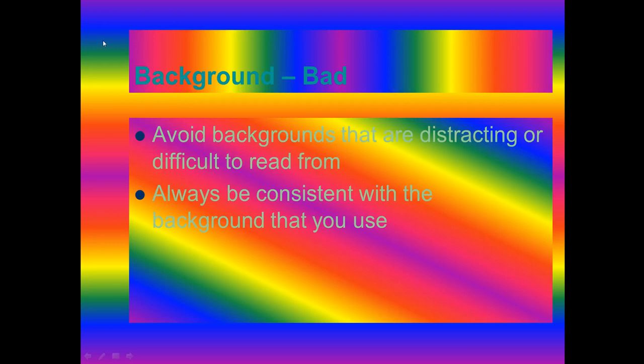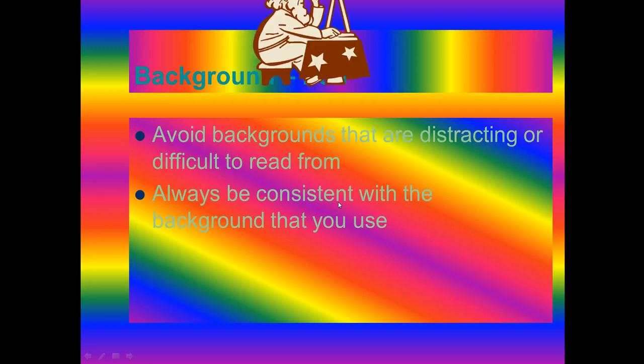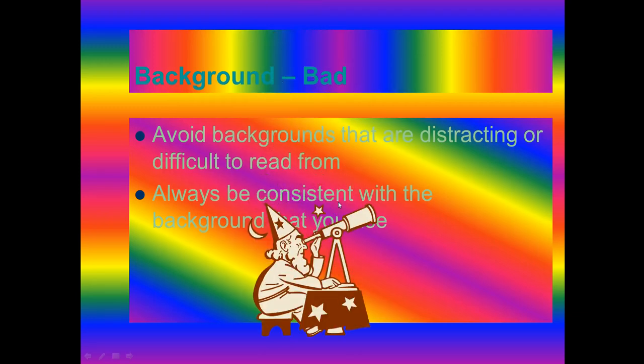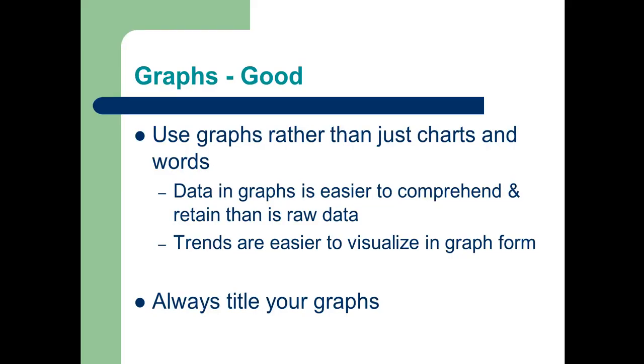So you can see this background is quite colorful, but it's going to be difficult to write on this because you have different colors, so your font has to keep changing as you go along. Yeah, so don't do that.